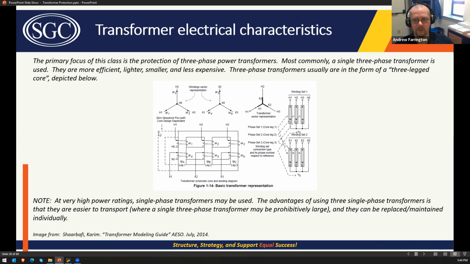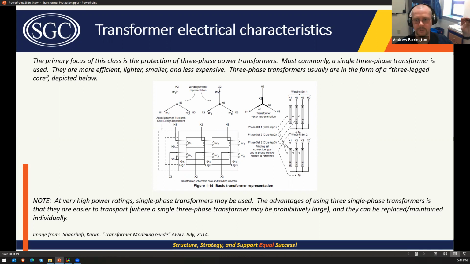Your transformer may or may not have a fourth leg to allow zero sequence flux to flow. That would be where it would be if you had one. Most of them are just three-legged cores. This is a YY connected three-phase transformer. You can see that the secondary of each winding is tied together and goes to the X0 bushing.